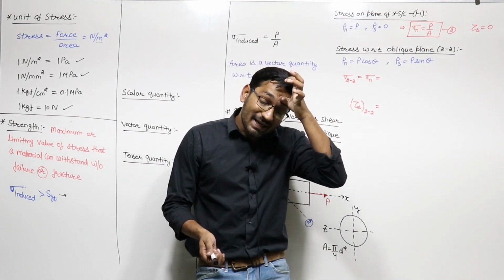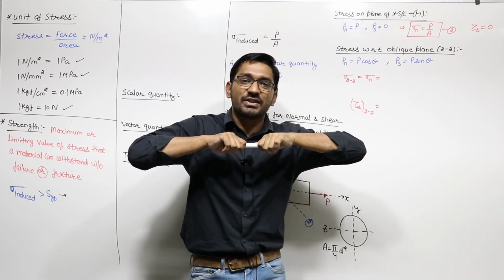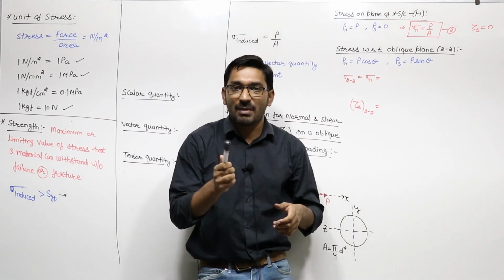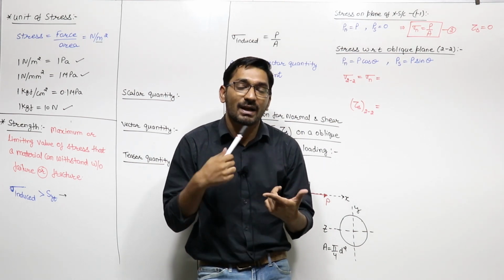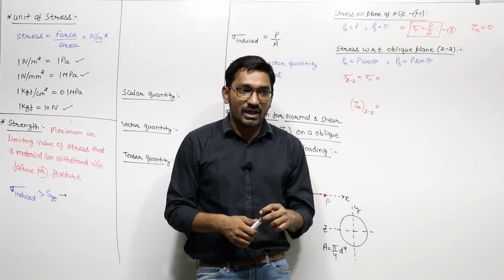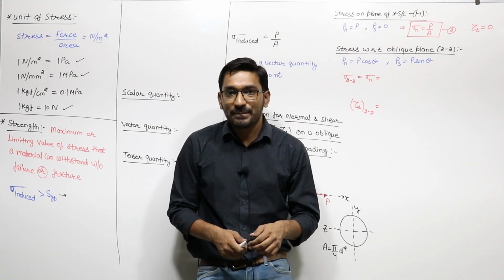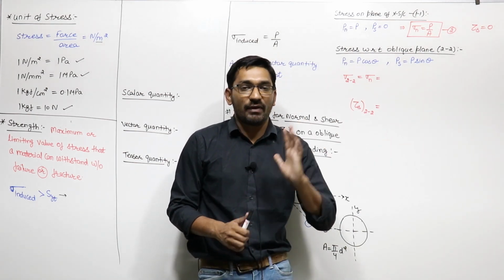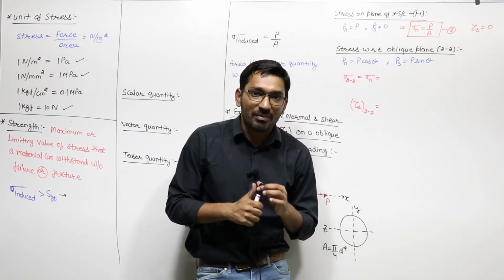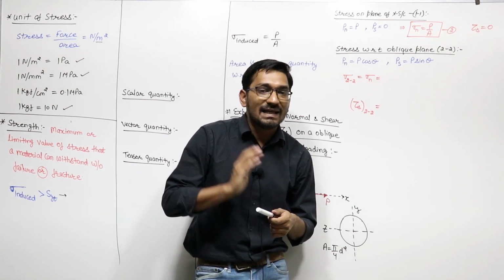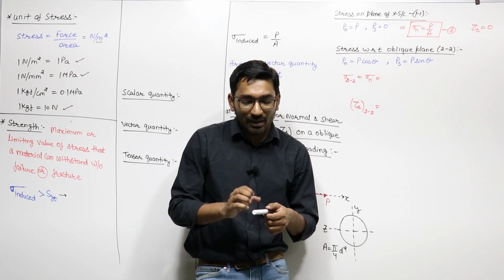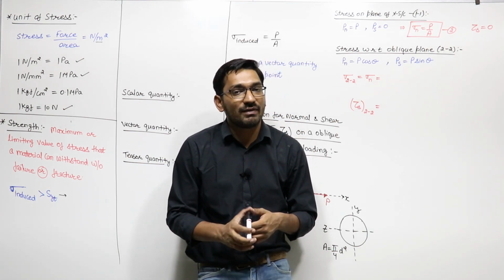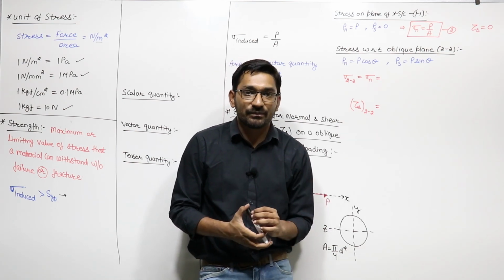But at a point when this load or this stress is so high that the deformation caused in this body is permanent, then in strength of material we can say that it will cross its elastic limit and the body will fail. In strength of material we are dealing with the yielding point where the body will gain a permanent deformation, then we can say the body will fail.